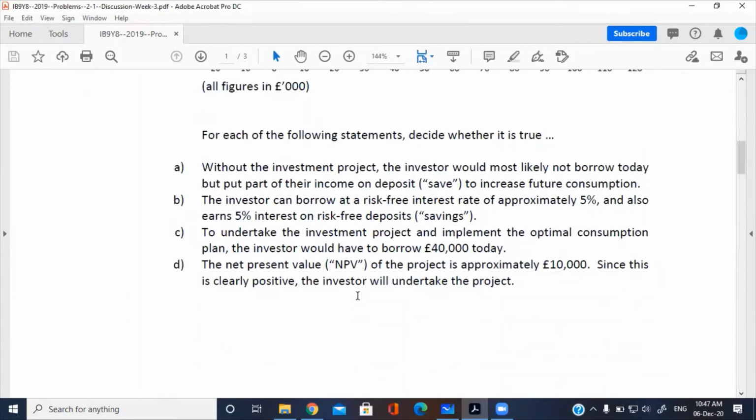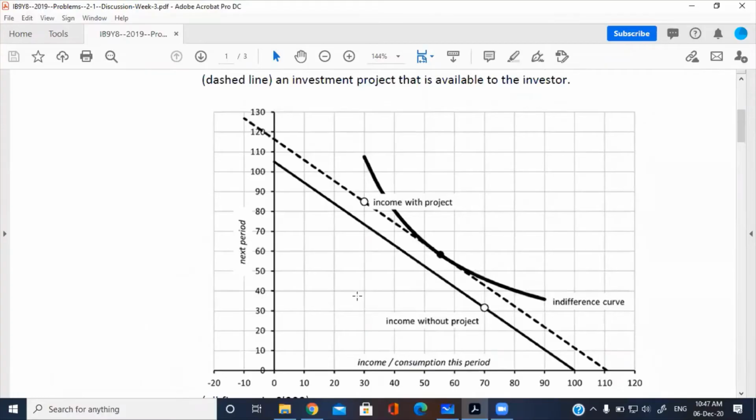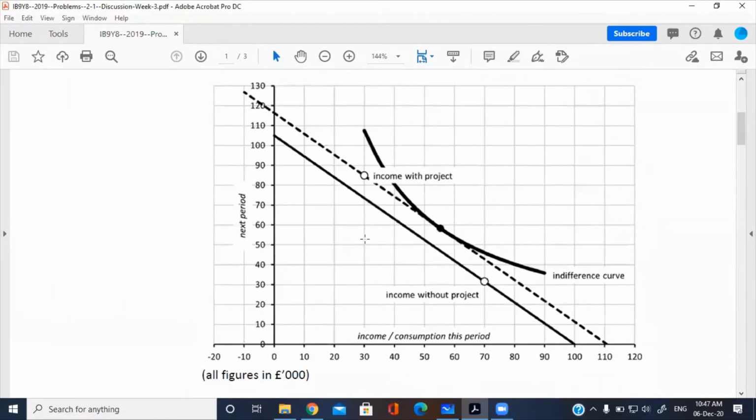Sir, can I say the slope of the line is the risk-free rate? Yeah. If you recall the lecture, you can probably recall an equation where we represent the slope of this line in two forms.